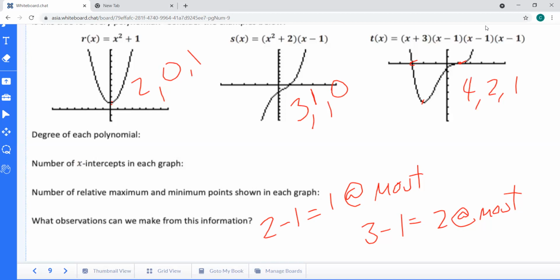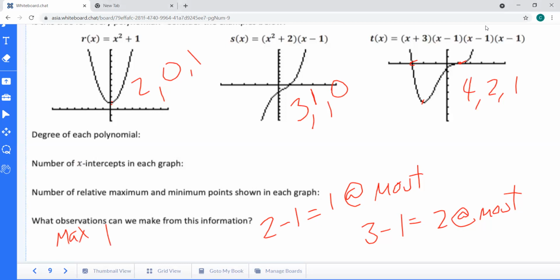So we can go at that another way, right? If I said there's a maximum of 1, what would that mean?